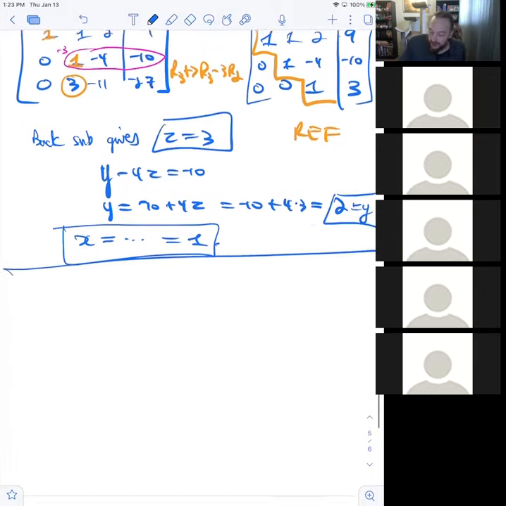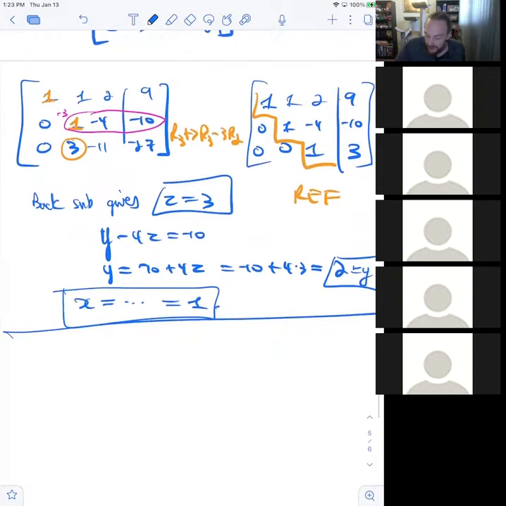Or you can keep going. If I keep going to reduced row echelon form, what I want to do now is row 1 goes to row 1 minus 2 row 3, and I'm going to change the other rows with row 3 now to get rid of these entries.